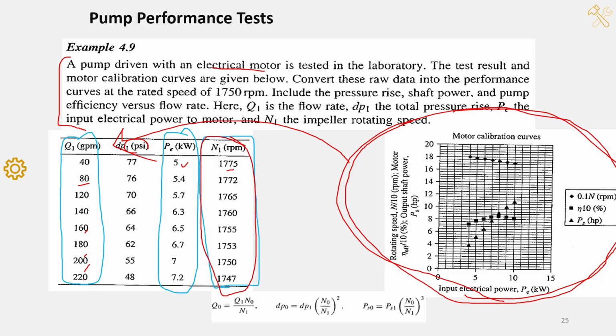In this example it says to convert these raw data into the performance curves at the rated speed of 1750 RPM. So it wants you to get the performance curve at one speed of 1750 RPM. All you have to do is use the similarity laws to find the performance curve at this corresponding speed.